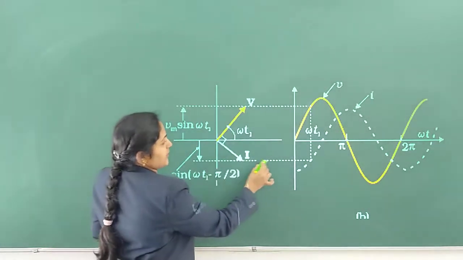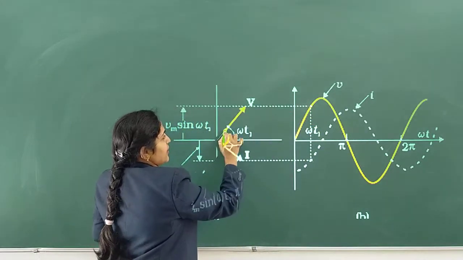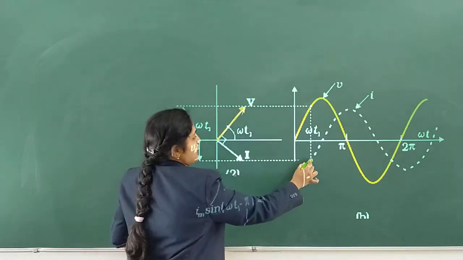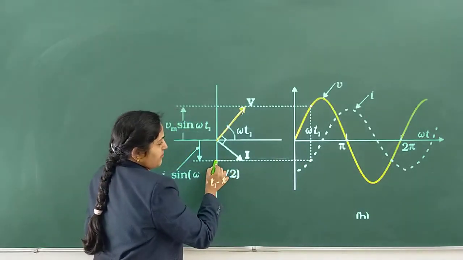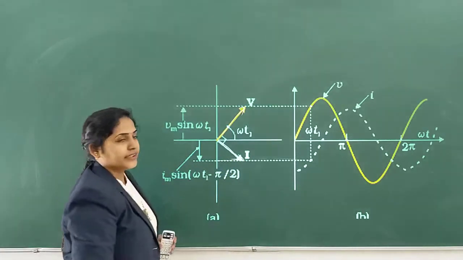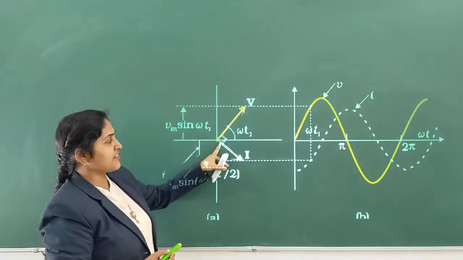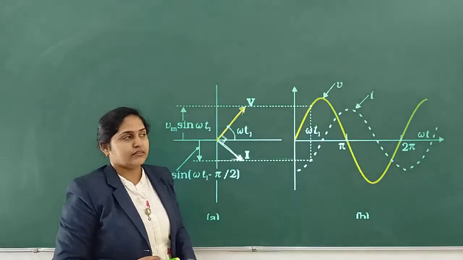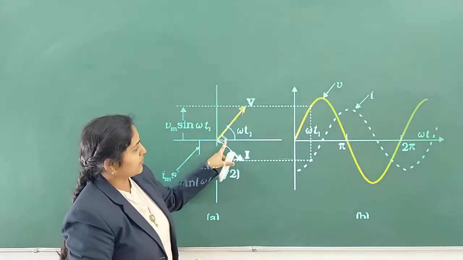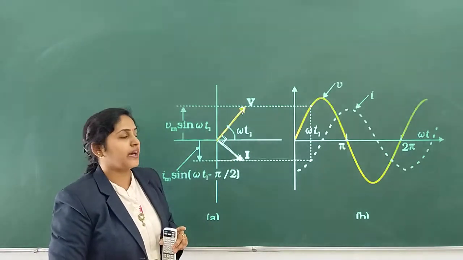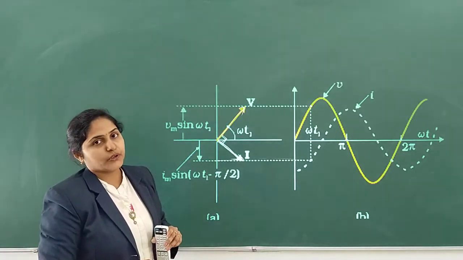When you consider these two positions, this position is indicated by this line, and the same position in the current wave is represented by a line like this. The angle between these two lines is 90 degree. Exactly, these two lines are perpendicular. So with this, we come to know that the angle between current and voltage is 90 degree, or it is pi by 2.